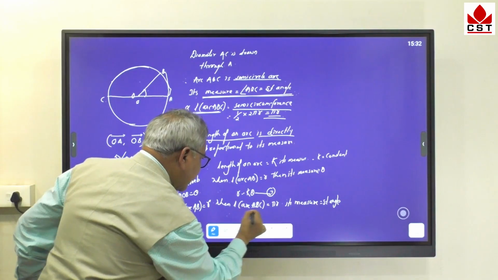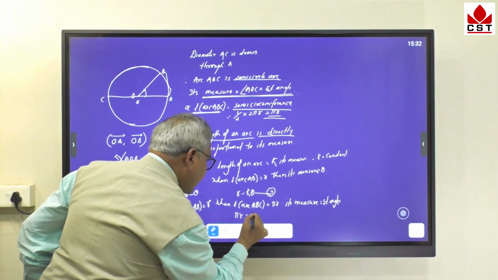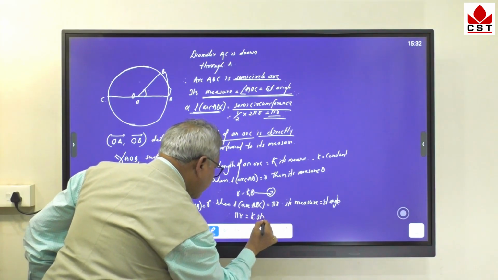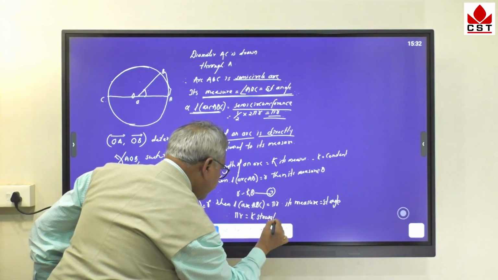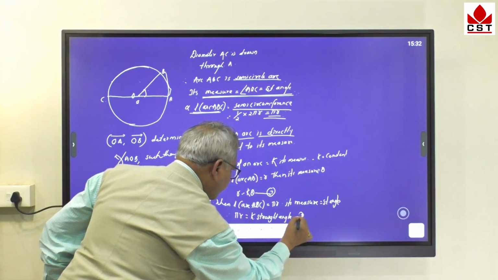Therefore, can I say that pi R is equal to K into the straight angle? That is equation number 2.